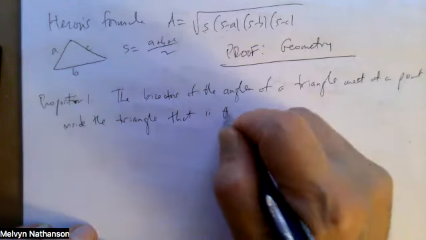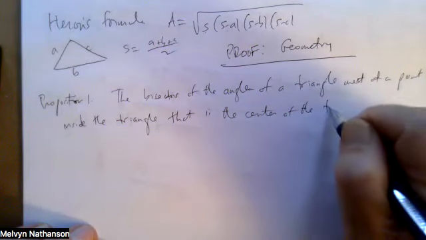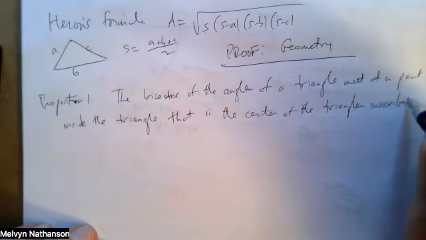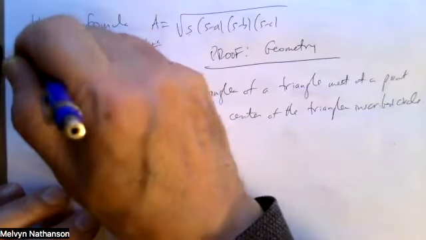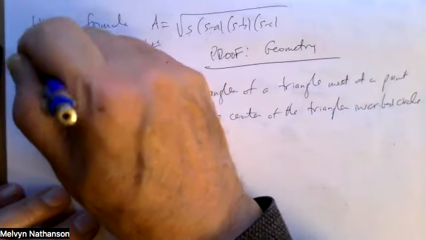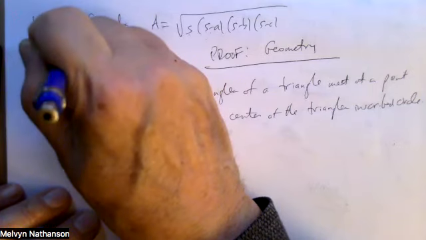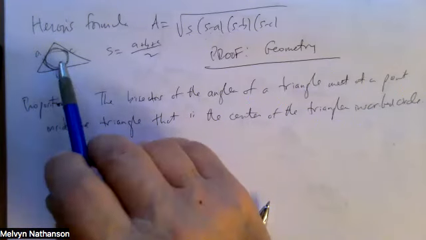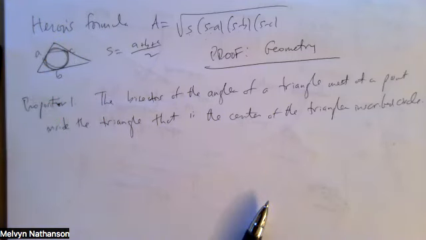that is the center of the triangle's inscribed circle. So in any triangle, there always is one and only one circle that can be inscribed in the triangle, which is tangent, touches in exactly one place all 3 sides of the triangle.